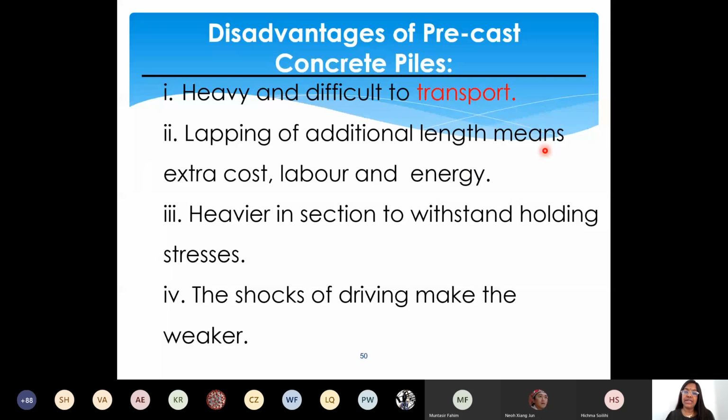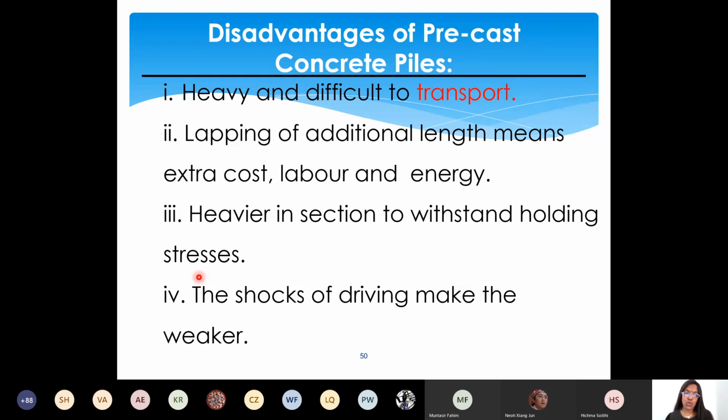Lapping of additional length, and this we already saw, right? At site you cannot customize or cut if an extra size is supplied but you need only half or three quarters of the pile. Customization at the site is not possible, nor is post-construction modification.